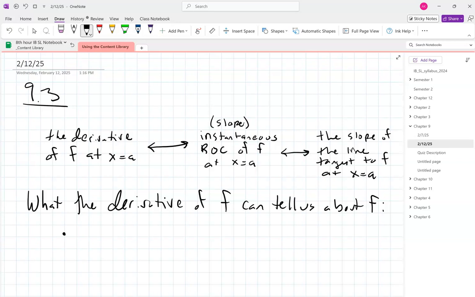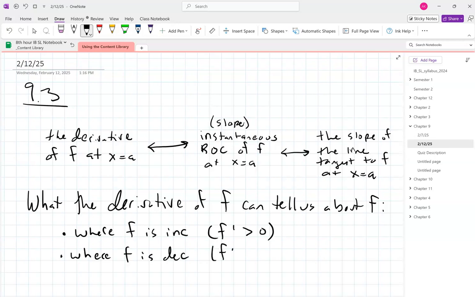I can find out where f is increasing by looking at where the derivative is positive. We can find out where f is decreasing by looking at where the derivative is negative.